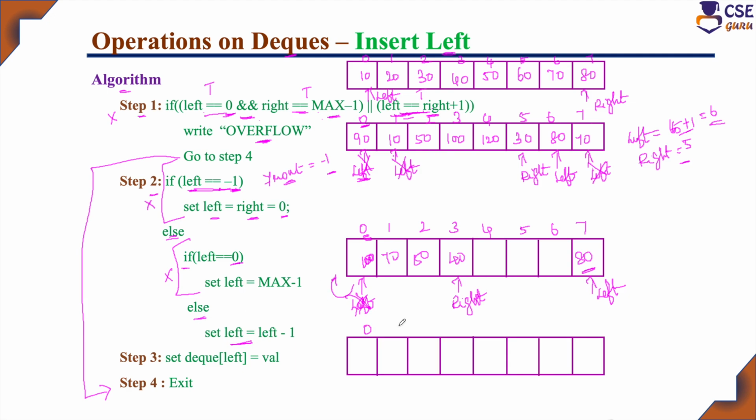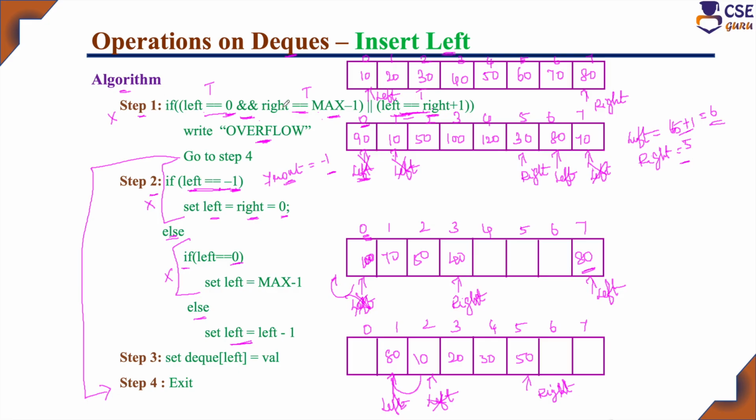For example, here left is pointing to the 2nd memory location and right is pointing to the 5th memory location. In this case, just decrement the left pointer by 1. Now the left pointer will point to the 1st memory location, and place the element. Whatever element you want to place, place it. That's it. So these are all the cases for insert left.